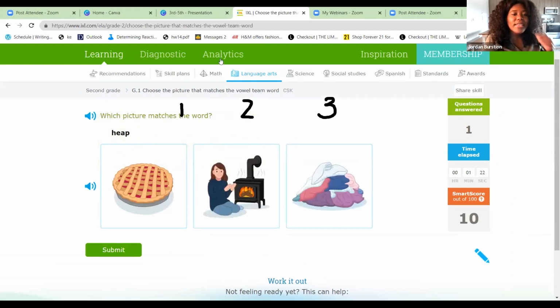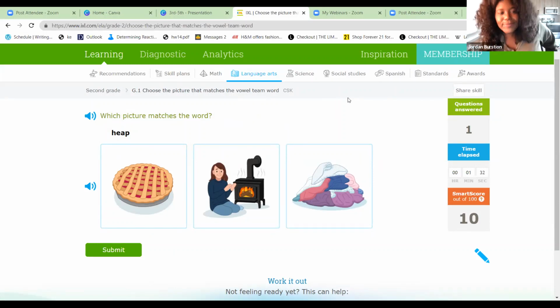So which picture matches the word? And it's okay if you haven't seen this word before. The second one.